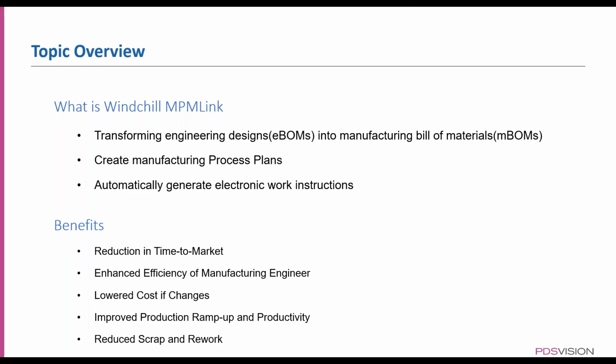They can do that as soon as the mBOM is available or the engineering information is available. They can already start on that at the very same time. And obviously it lowers cost if there's a change. So it's easier to maintain change if it is done earlier in the process.